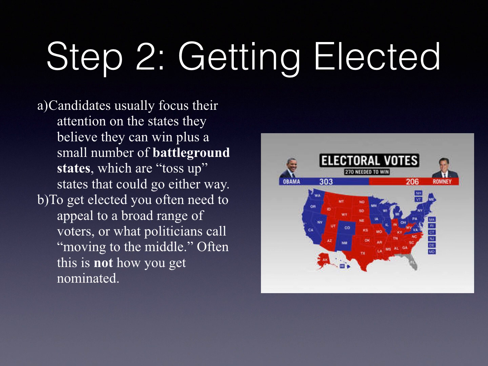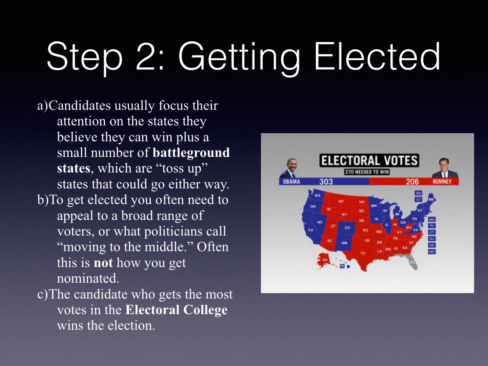You get nominated by firing up your party's base, the strong Republicans or the strong Democrats. But once you are running in the general election, you need to appeal to a bigger number of people. And so candidates will often tweak their message to appeal to people who are more moderate or more independent voters.